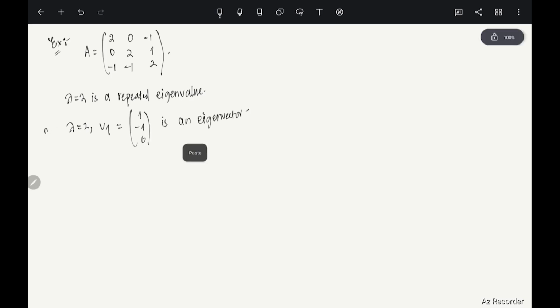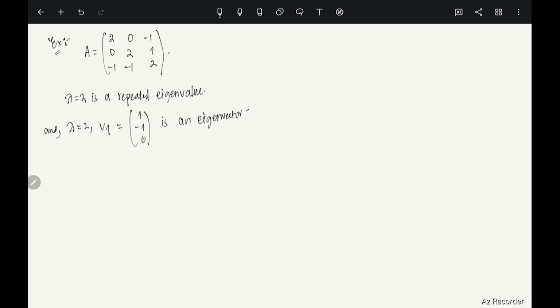Now 2 is repeated thrice, 2 2 2, but I only have one eigenvector. Since it is non-zero, it is independent, so that's not a problem. But I need to get another 2 eigenvectors. How am I going to get them?